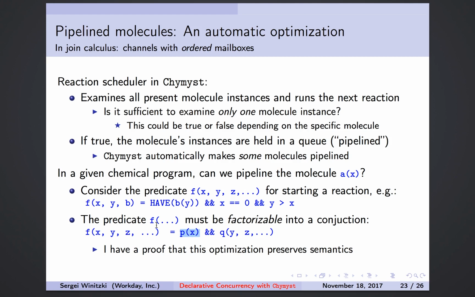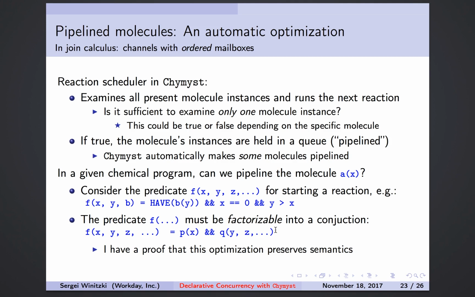Otherwise, it's not pipelined. So if this predicate is factorized into P of X and Q of Y and so on, then all of these molecules with values X, Y, and so on will be pipelined. So in this case, obviously, this predicate cannot be factorized because it has a condition that couples together the values of Y and X. So this is not a conjunction of some condition on X and some condition on other things.